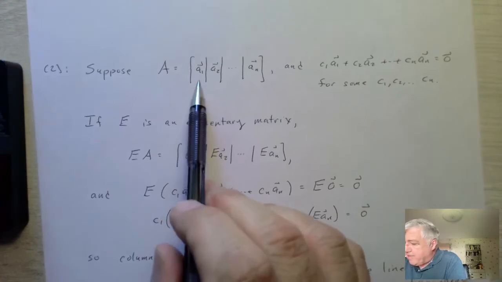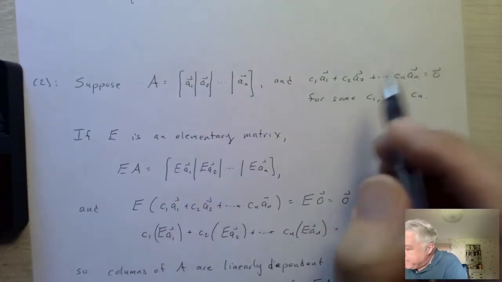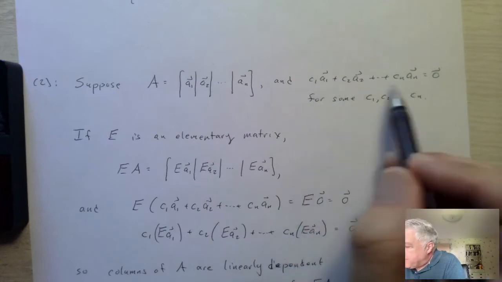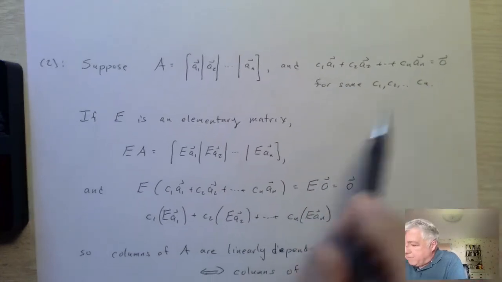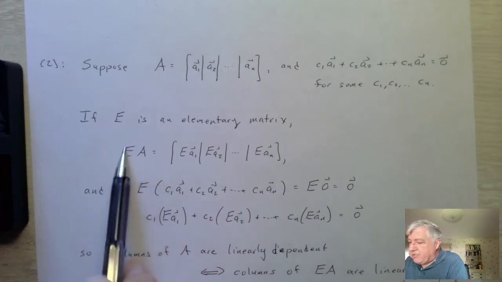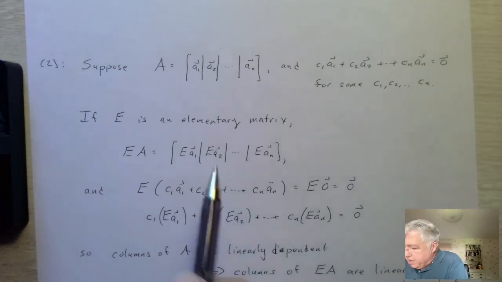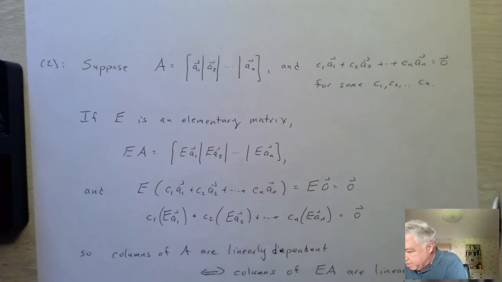Let's say these A_i represent the columns of A, and some linear combination of these equals 0. If we multiply A by an elementary matrix E on the left, which has the same effect as doing an elementary row operation on the matrix, we get EA1, EA2, ..., EAn.